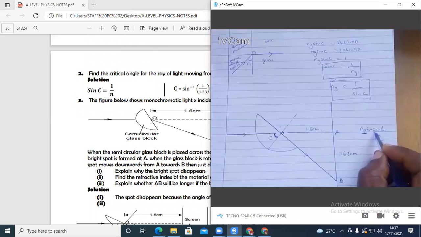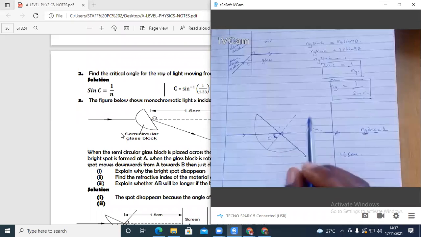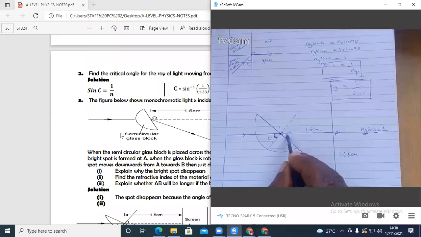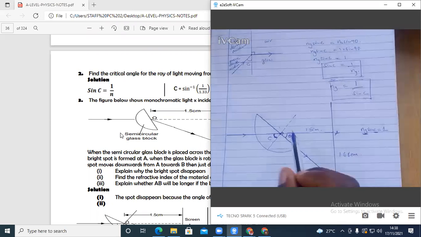So how do we get the critical angle? The angle here, they called it theta. We should first find that angle theta. After finding theta, we also have to get this angle which is here.